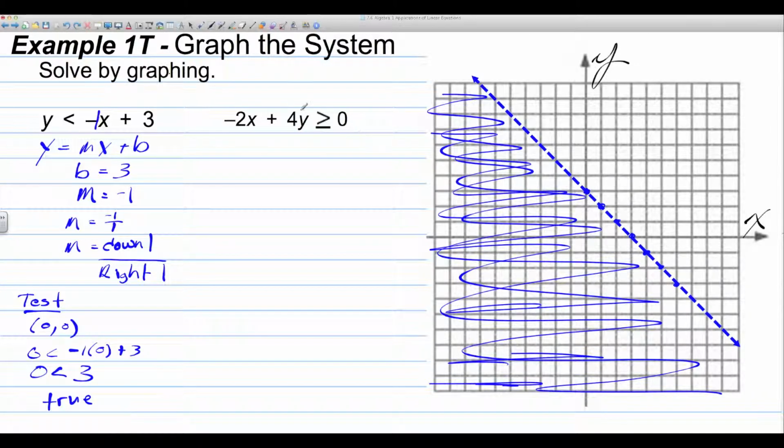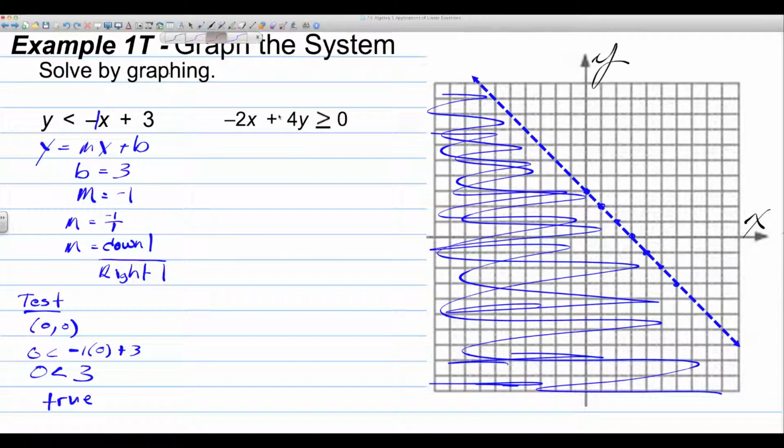Now, because this is the solution to this inequality, we need to graph the next inequality. I'm going to do that in red so you can differentiate it on the graph. Hopefully you recognize this is what we call a direct variation, where the sum of the variable terms is 0.